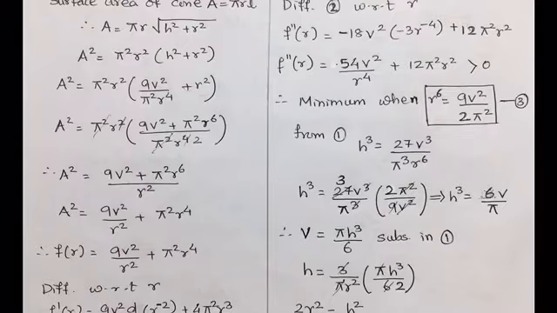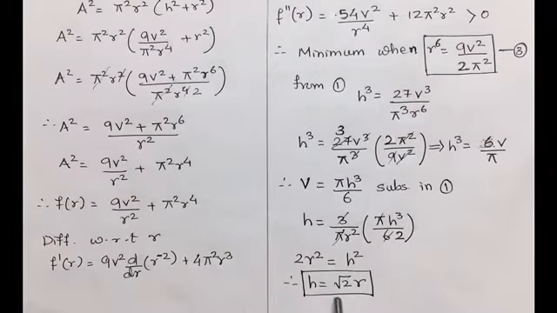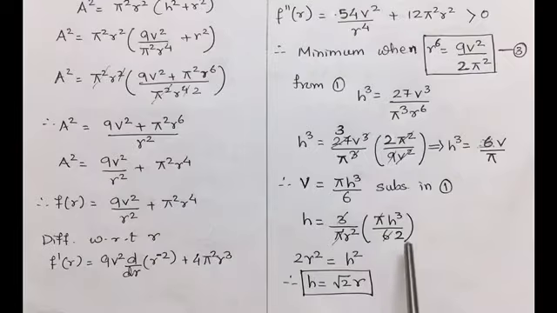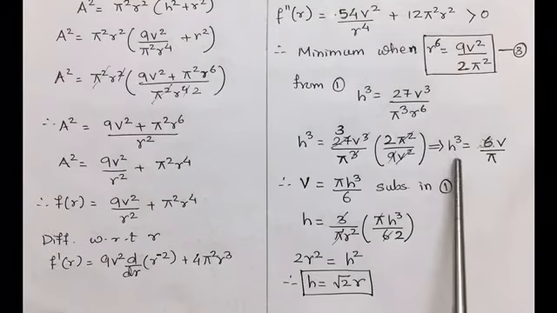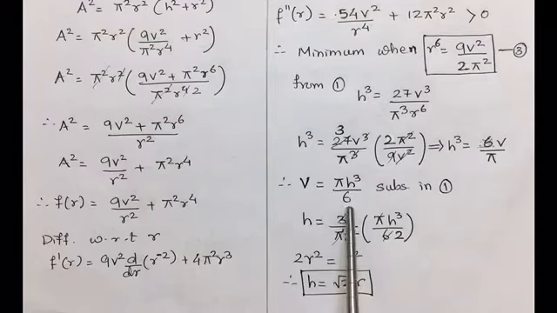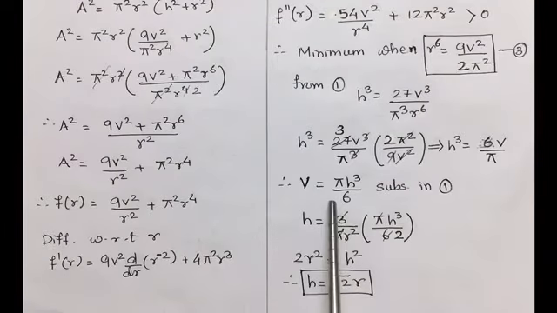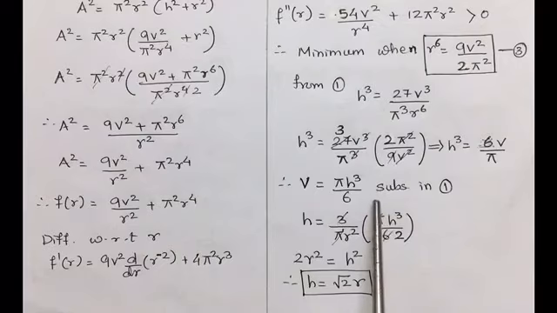That goes this side, makes it 2r square equal to h square, and taking the root, it makes h equal to root 2 r. So this is how it is proved that altitude is root 2 r. So this is a complete simplification that is to be done very carefully, making v the subject from this statement, which helps us to substitute the value of v in the formula of h, that is the very first statement.